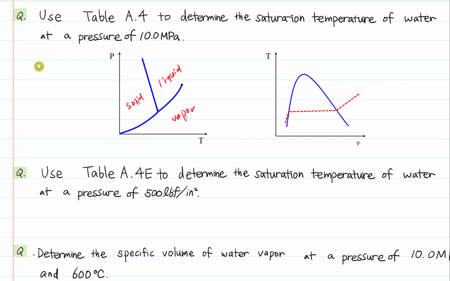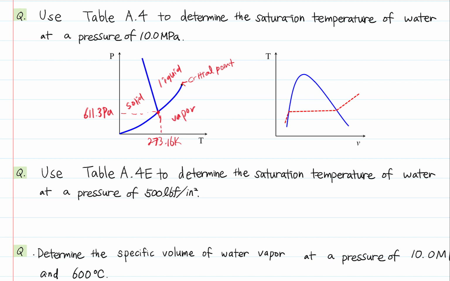The three lines meet at the triple point. This is called the triple point, and the temperature here is 273.16 Kelvin, and the pressure here is 611.3 Pascal, and this is for water. And this is the critical point. This is where the saturated liquid line and the saturated vapor line meet.